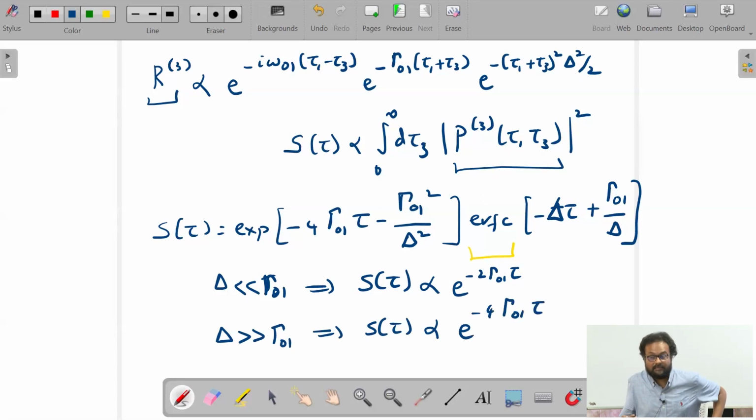So in both cases, whether my fast fluctuations are always dominating or my slow fluctuations are dominating, the signal that I measure with photon echo will decay exponentially with a rate given by the pure dephasing. So it's all only determined by my fast fluctuations.